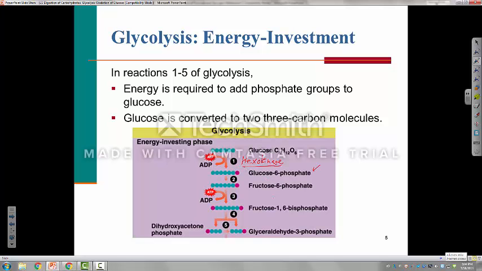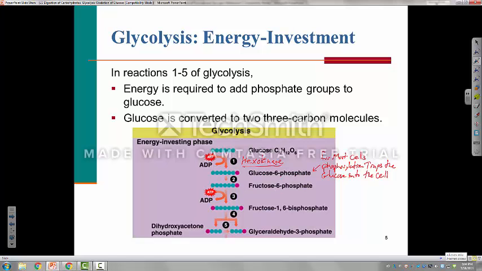So we can say here, for most cells, phosphorylation traps the glucose into the cell. There's no way for that cell to export glucose out of the cell once it's phosphorylated.